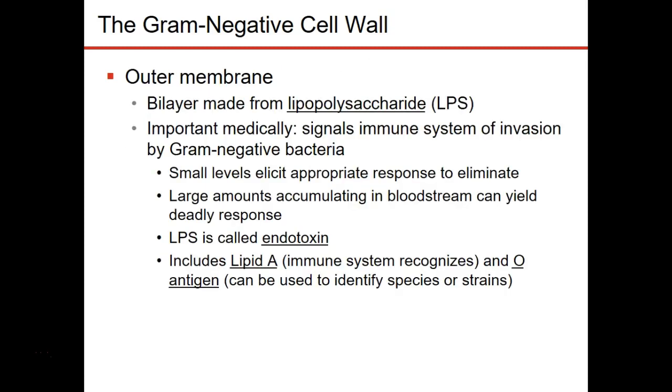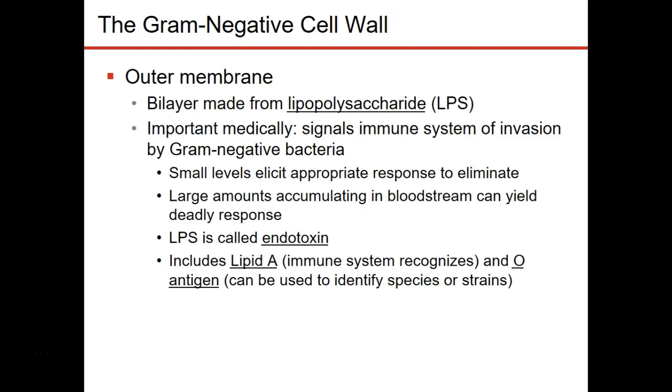So when you think of the lipopolysaccharide, the lipid A is actually an endotoxin. And when it gets into our blood, it's going to travel to our hypothalamus. This endotoxin acts as a pyrogen. And if you don't know what a pyrogen is, it's something that causes heat production.